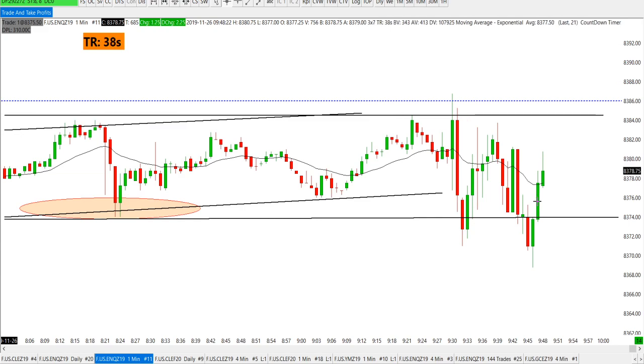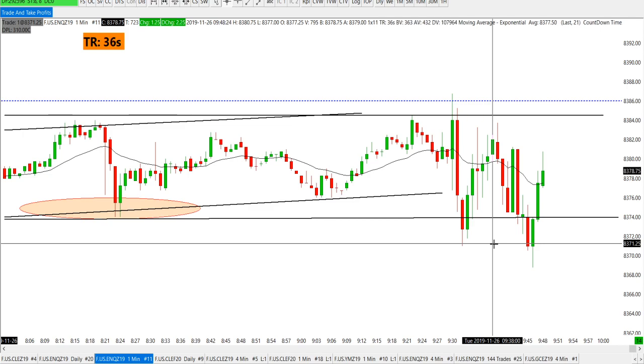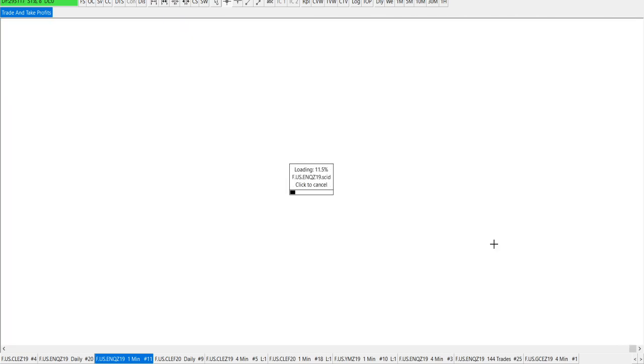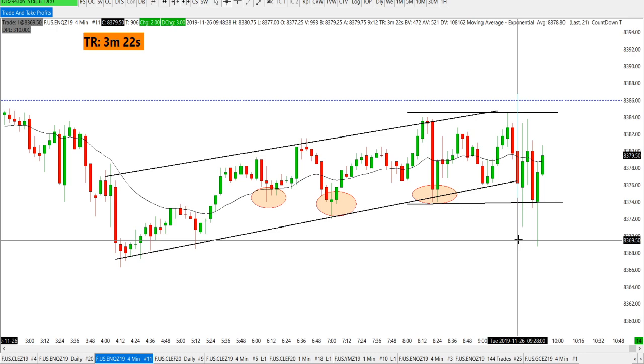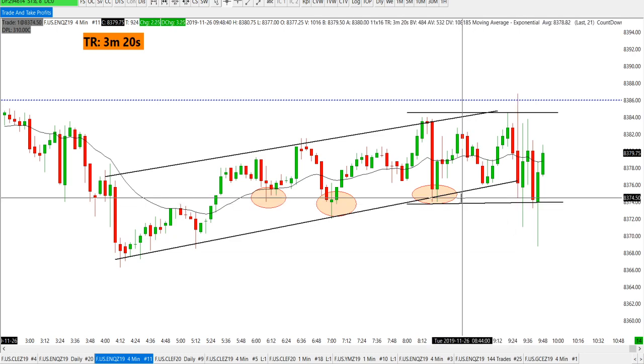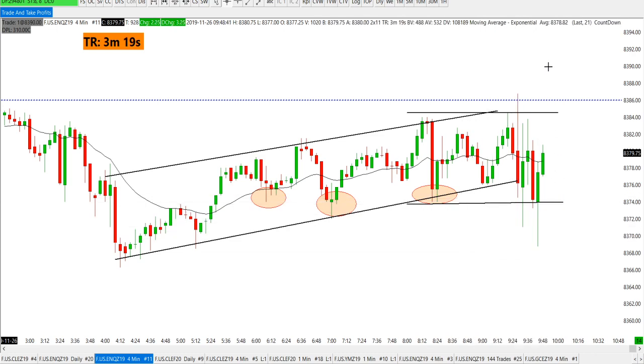This would have been a nice little quick winner right here. But I don't mind missing trades because I want to make sure that when I take a trade, I feel good about it. Buyers are still stepping in, so that tells me there's a strong possibility they can still push this market back up to the top.